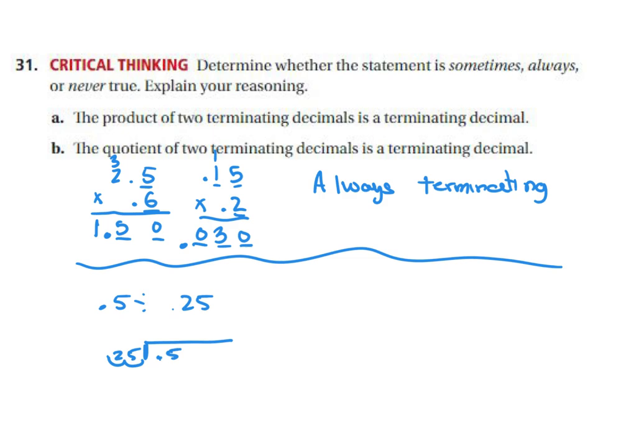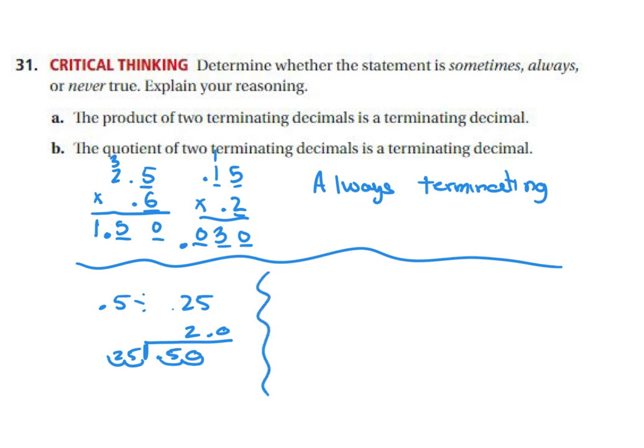Move your decimal point twice. So you have 50 divided by 25. 25 goes into 50 twice. So the statement said the quotient of two terminating decimals is a terminating decimal. 2.0, yeah, that terminates. So in this case, that is true.